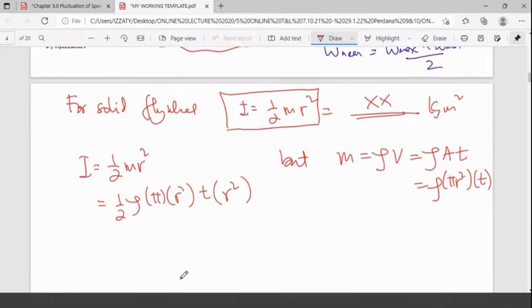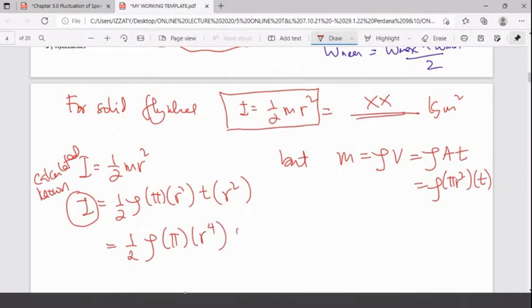So if you look at the equation now, you cannot solve the equation. This one is known, or calculated. So you will have this one equal to half, this one given, pi will remain as pi, this one r power of 4 t.